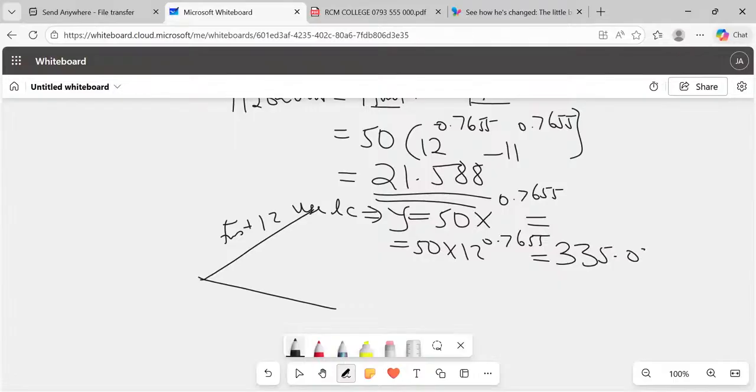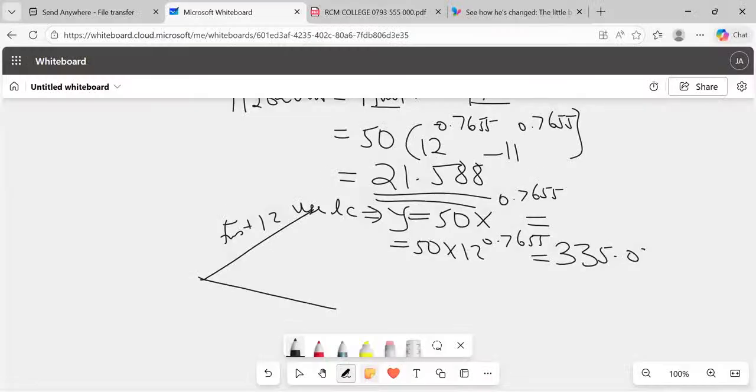My online guys, are they able to get 335.03? And then we have the last 13, which we are saying is at stability time.